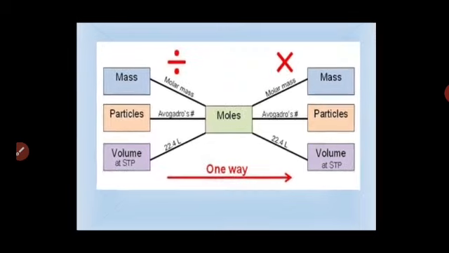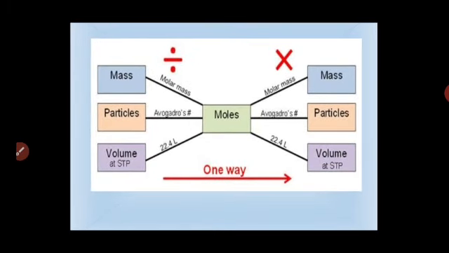Then the most important thing in stoichiometry is we can convert the number of moles into mass, or mass into number of moles, or even we can convert the number of particles into moles, or vice versa.